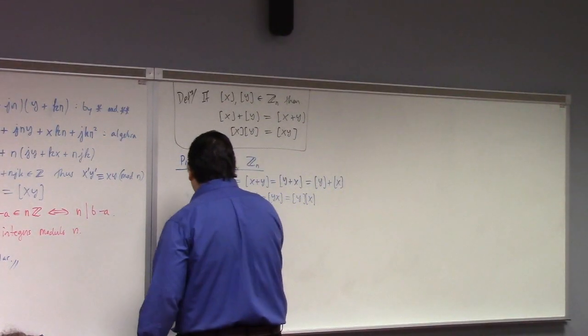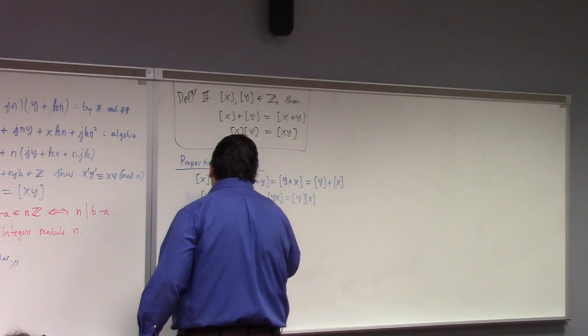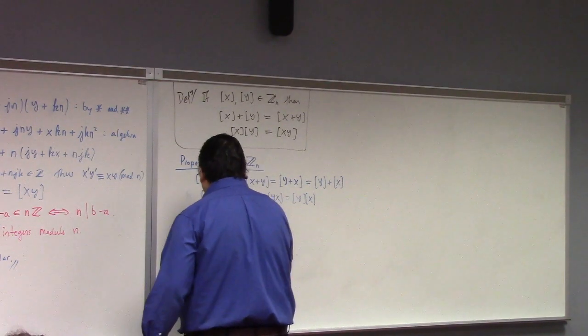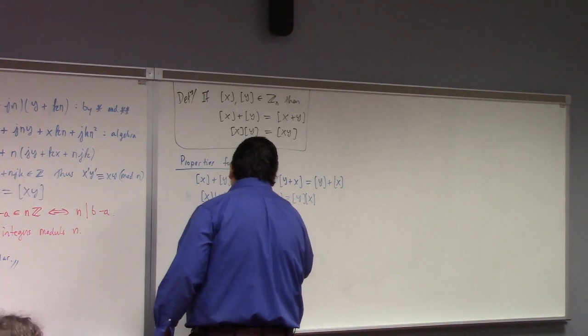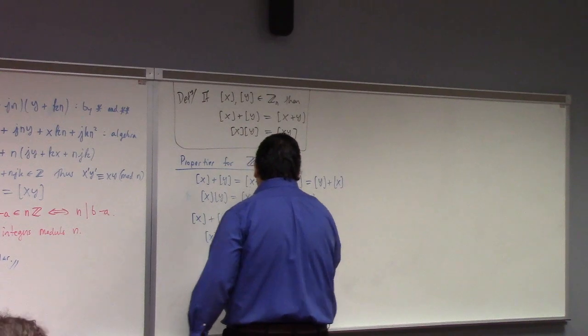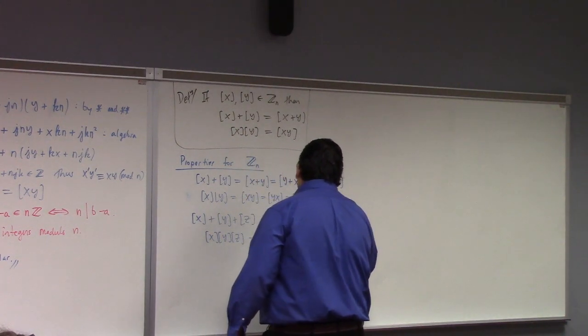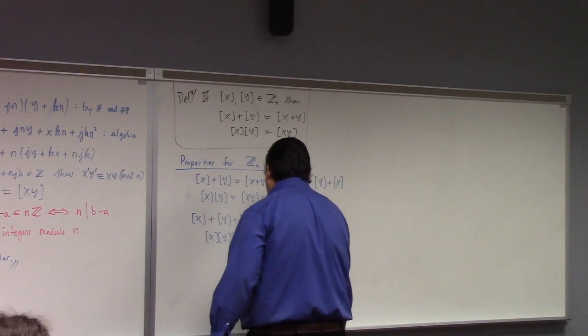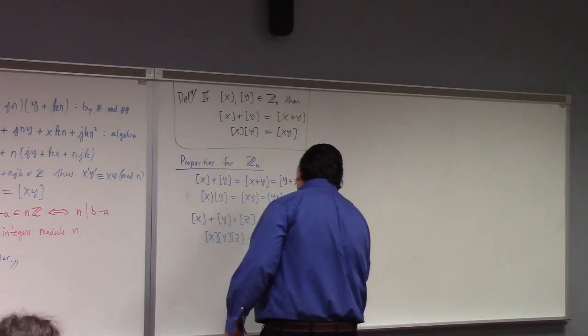We also have associativity. I won't prove that, but I'll just state it. If I have x plus y plus z, or if I have x times y times z, it's equal to x plus y plus z, all equivalence classes. It's hard for me to verbalize the formulas here.